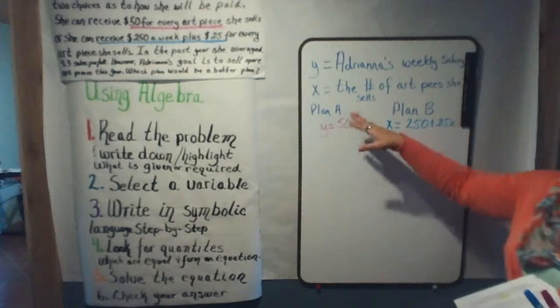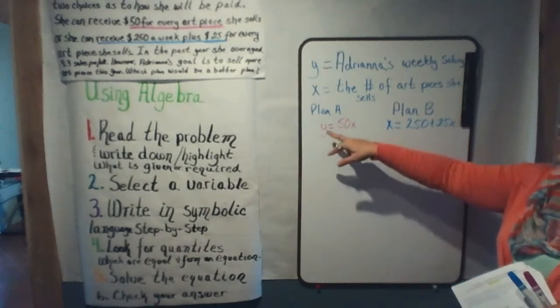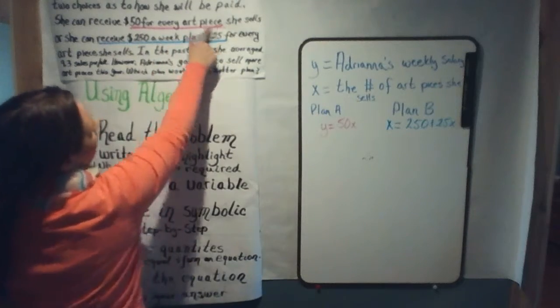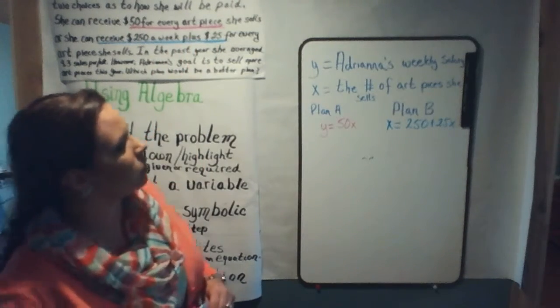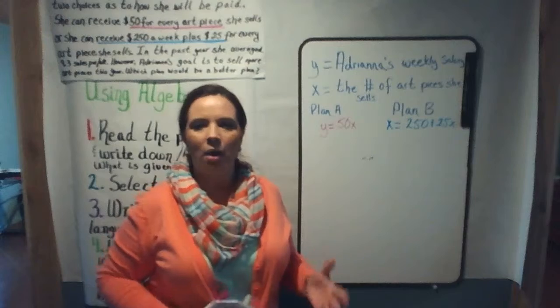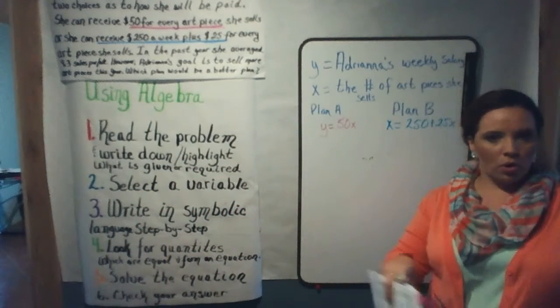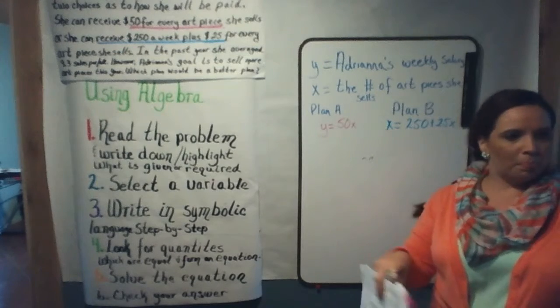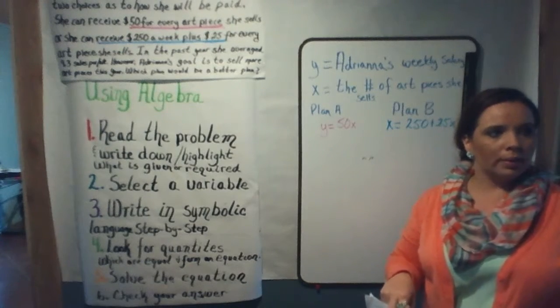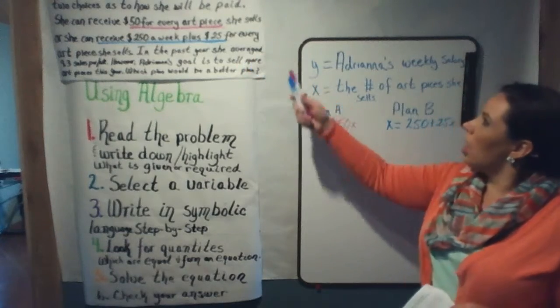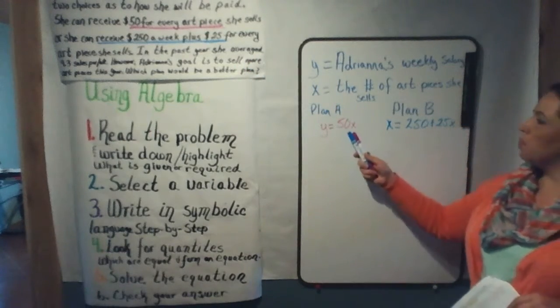Okay? Now, plan A. Adriana gets $50 for every art piece she sells. So we're trying to find out how many art pieces Adriana has to sell for each plan to be equal. So $50 for every art piece.